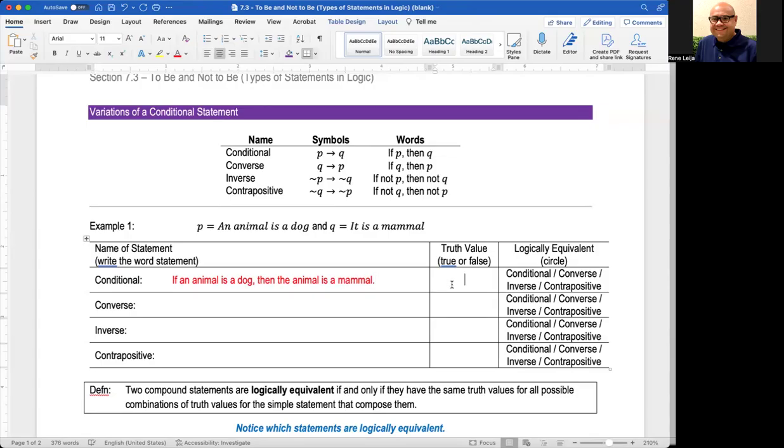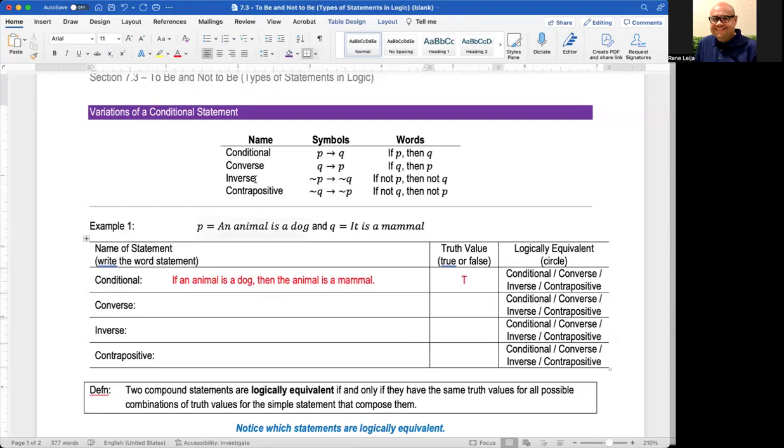And that is a true statement. If the animal is a dog, then the animal is a mammal. Remember, a mammal is an animal that has different characteristics, but basically gives live birth, has hair. Then we'll come back and talk about the logically equivalent in just a minute.